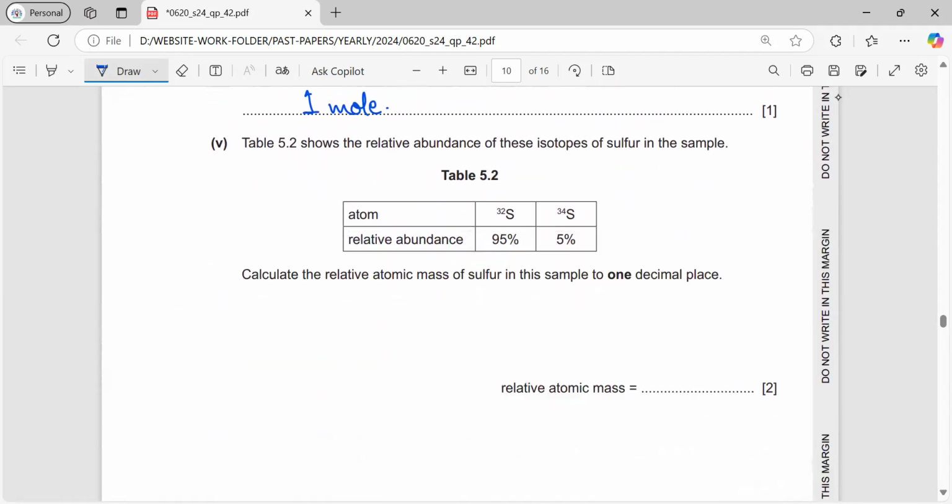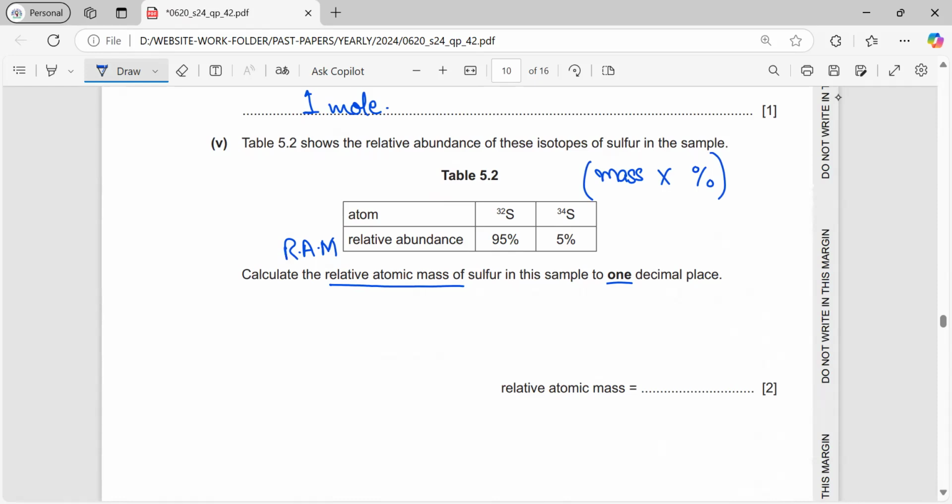The table shows the relative abundance of these isotopes of sulfur in the sample. Calculate the relative atomic mass of sulfur in this sample to 1 decimal place. To calculate the relative atomic mass, we will multiply the mass of each isotope with their percentage abundance.